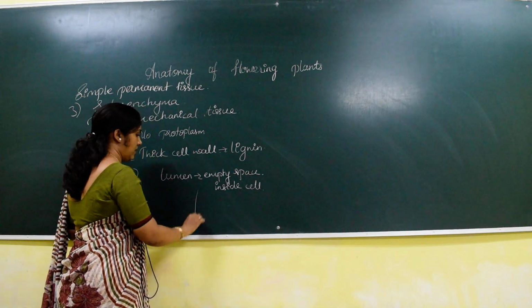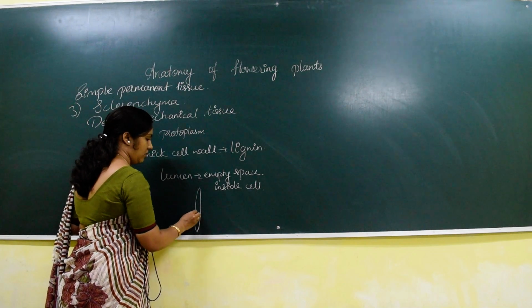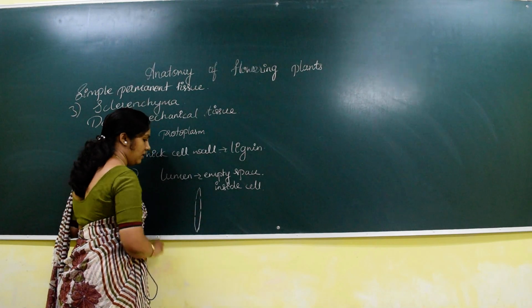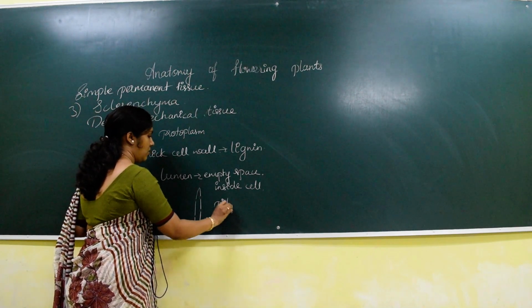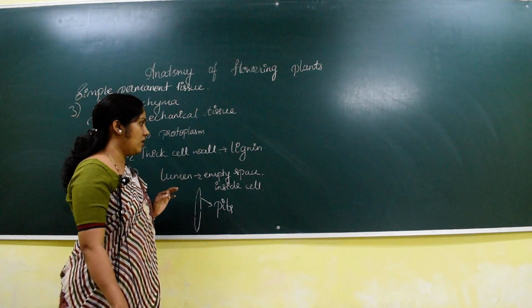Now let us consider this as a sclerenchyma. I'll write the diagram. Wherever there is no deposition of lignin in the cell wall, it is called pits. So pits are undeposited lignin in the cell wall.